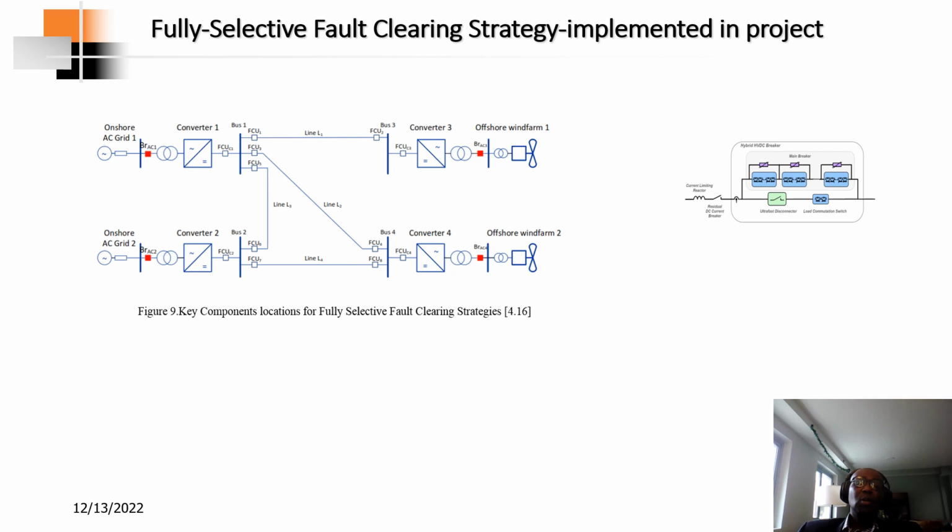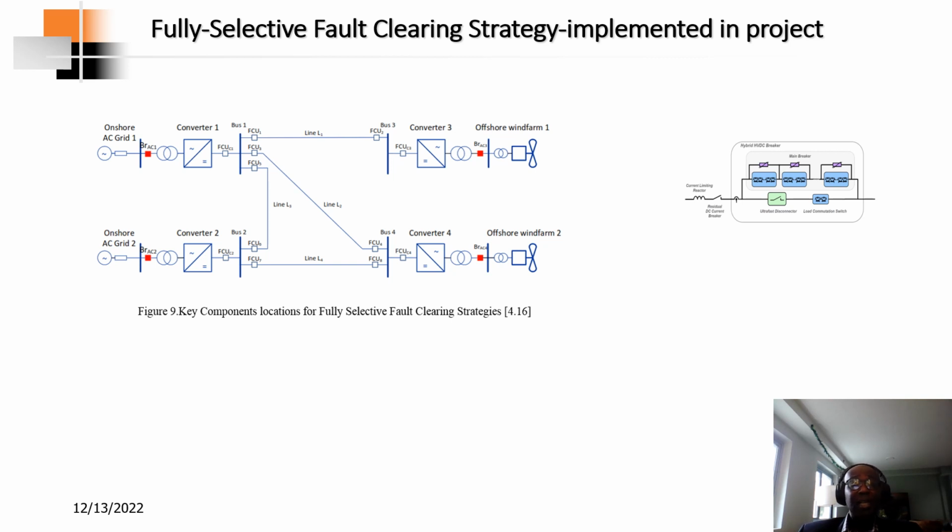So one here and one here. The goal of a fully selective fault clearing strategy is, when there's a fault here, to be able to detect and isolate the fault, whilst it allows the healthy sections of the multi-terminal DC grid to continue in operation.